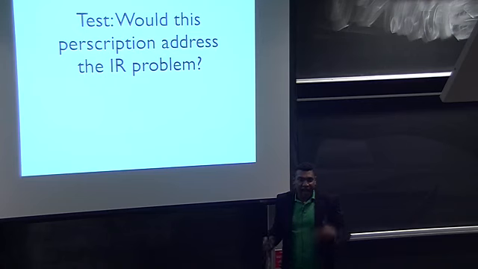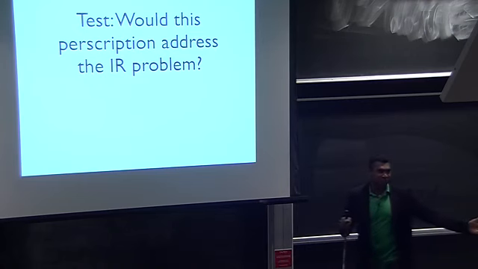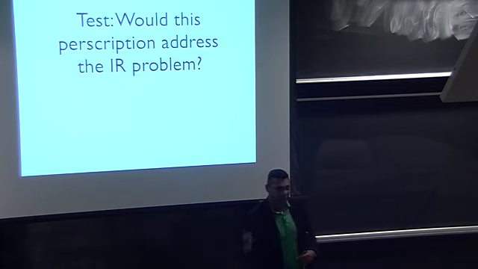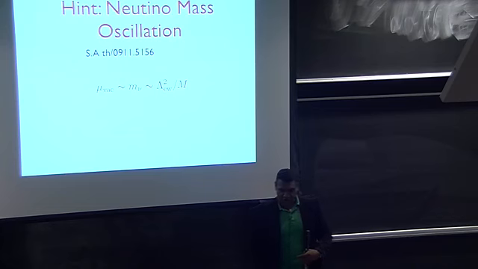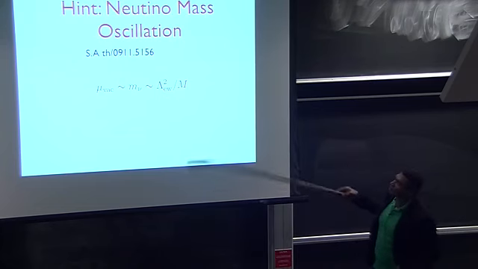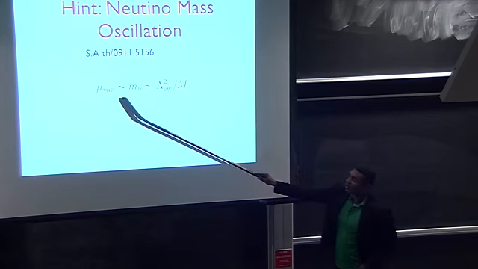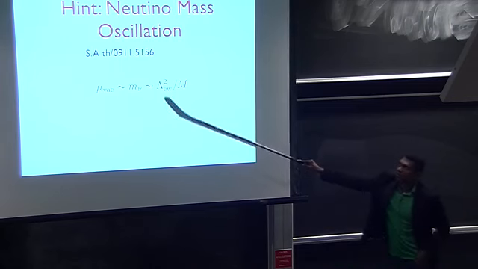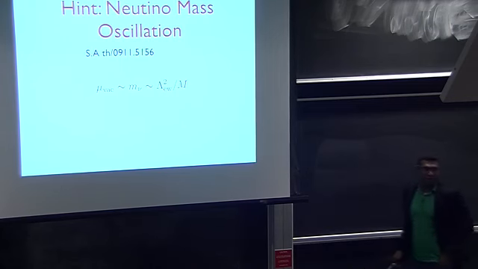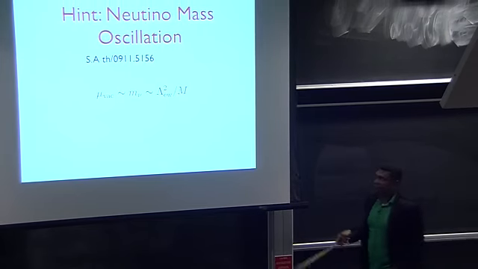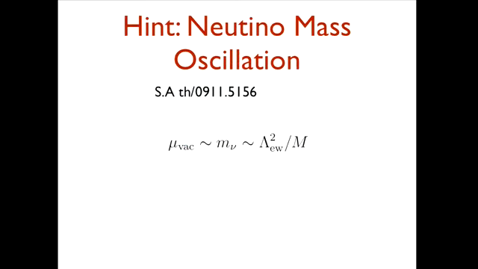Then you can ask, how does it solve the infrared problem? Then you can ask of your theory, how would I solve that? Because you didn't solve that. And so a hint, which is very speculative, is that this vacuum energy has a very interesting scaling: it is the ratio of the electroweak scale divided by the Planck mass.